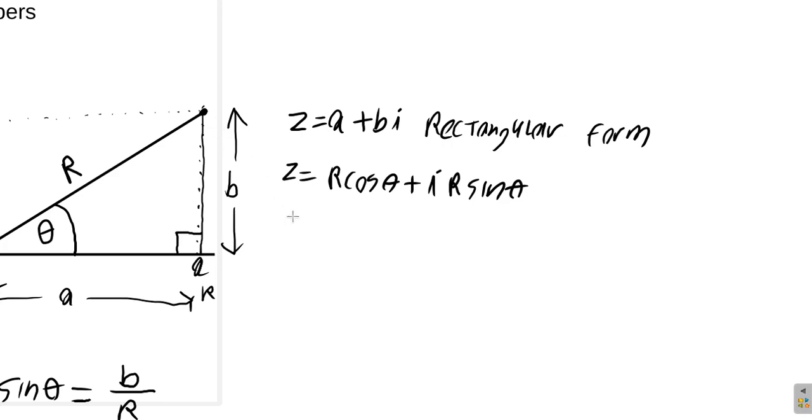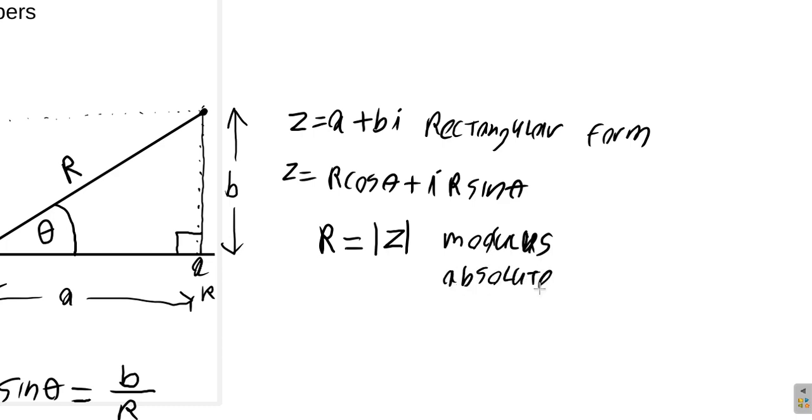Or, well, in this case, R is also called the modulus of the complex number, or the absolute value of the complex number. So, modulus, also the absolute value of the complex number.